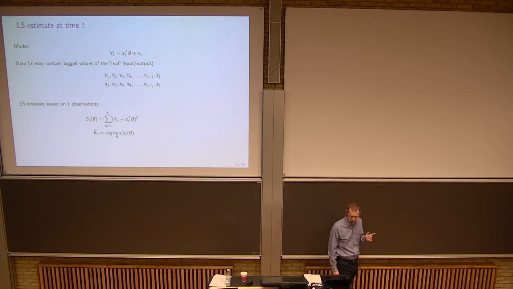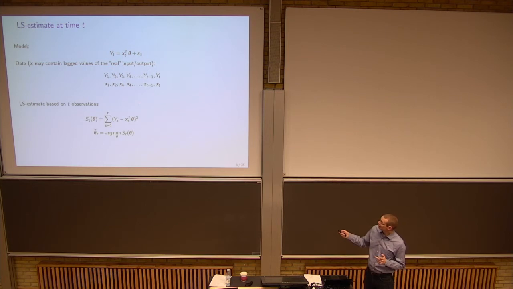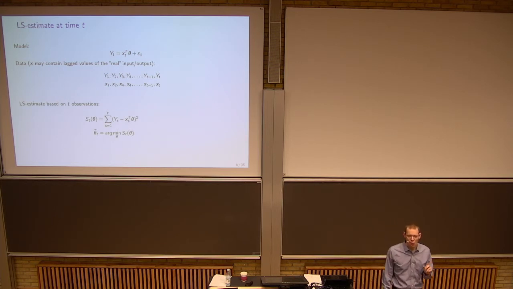Given some observations, we want to do least squares. We want to minimize that and find the theta. So I think this is the last time I'll ask this question. What is the solution to this?